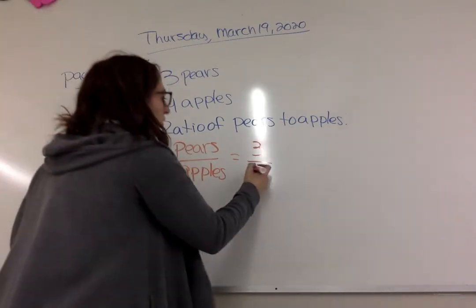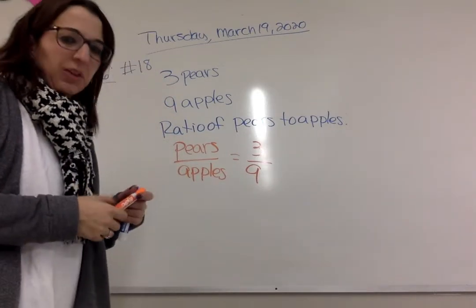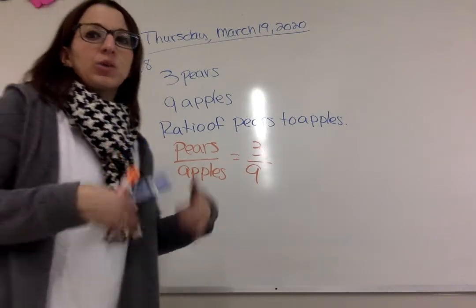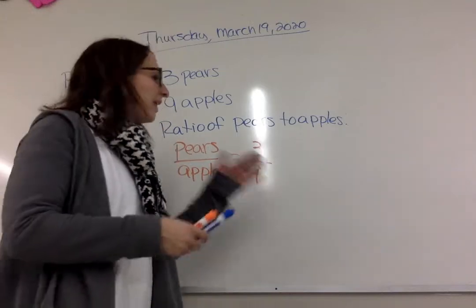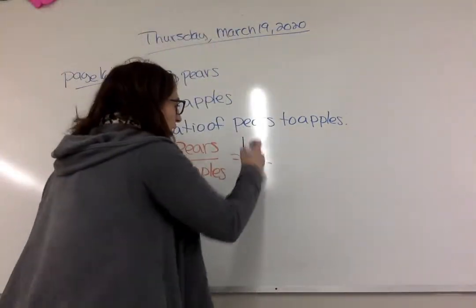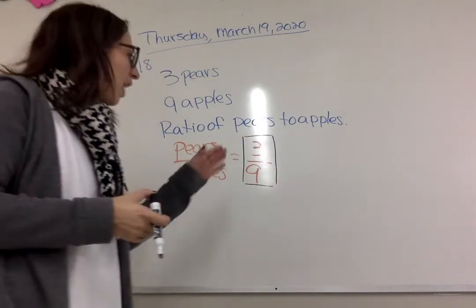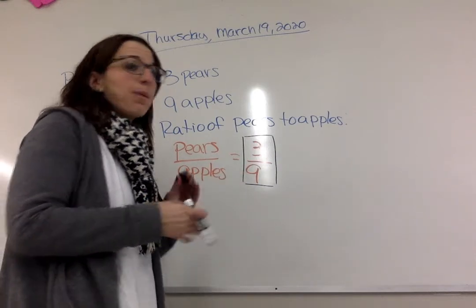Now, when I look at the question on page 16, there are 4 answer choices. 3 over 9, or 3 ninths, or 3 colon 9, or 3 to 9 are not there. So what I need to do with this 3 ninths is simplify the ratio by dividing. And how do I do that? I find the greatest common factor, the greatest number I can divide 3 and 9 by, which is 3.